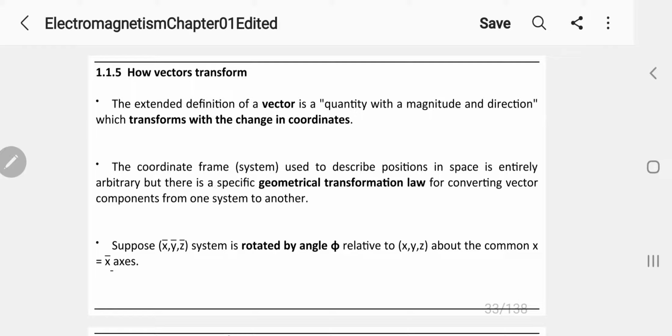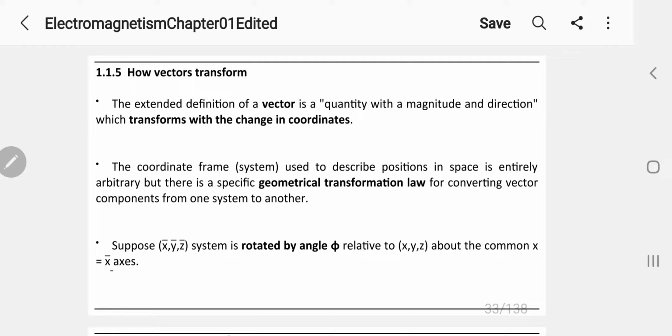And then how about if we tilt that three-dimensional system, or tilt the two-dimensional plane, for example. But before we do that, we look at the extended definition of a vector.